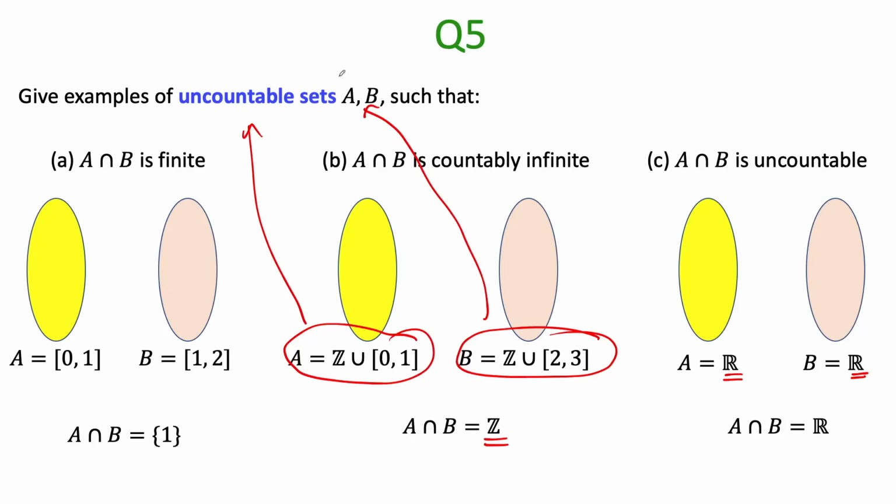So what this demonstrates is that you can have various properties among two uncountable sets. You can't say anything with guarantee regarding the union and intersection. Their intersection may be finite, it may be uncountable, it might be countably infinite, and so on.